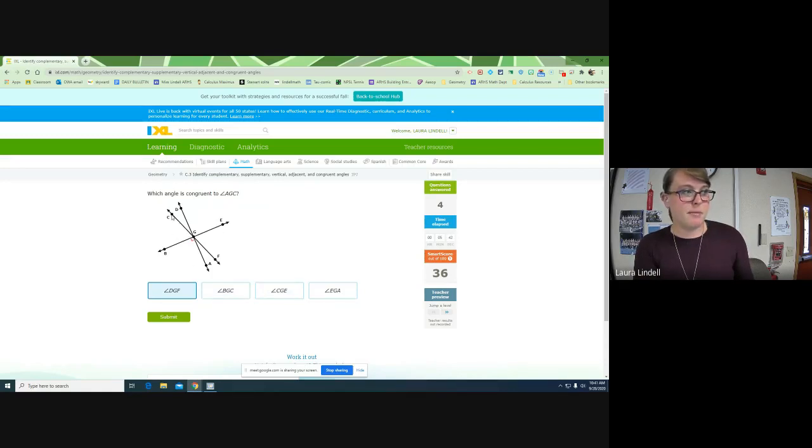Again, that one looks a lot smaller, and they're not vertical because they're touching. And then EGA, that's another one that looks smaller, and they're also overlapping or touching there. So we don't want to use that one. So DGF, that's another way to go through by process of elimination. Which one could it be?